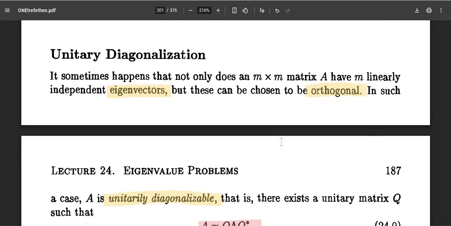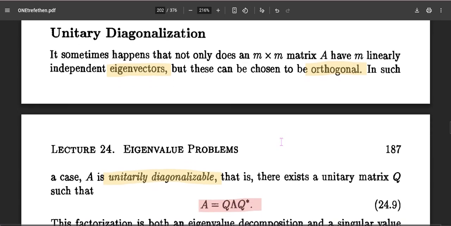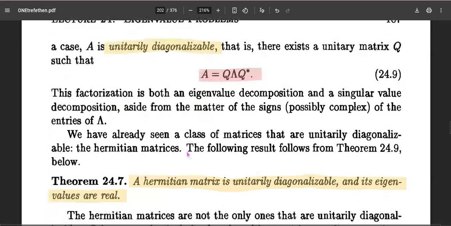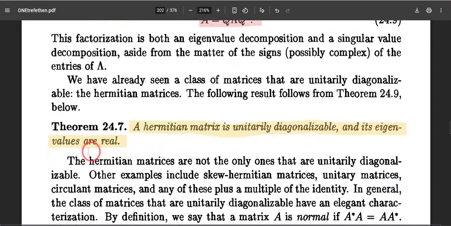Then the second factorization. The first factorization is the eigenvalue decomposition. The second factorization we are considering here is unitary diagonalization. Before, we saw that a matrix can be diagonalized provided that it is a non-defective matrix. Here, X has the additional property of being unitary, and this transformation can occur only if matrix A is a normal matrix, or a Hermitian matrix.